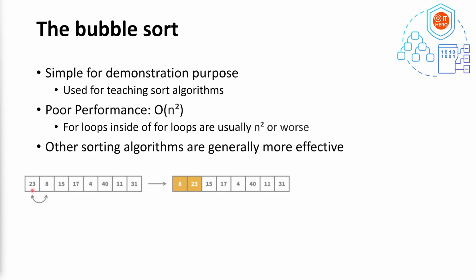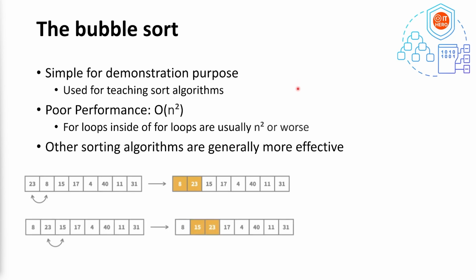So basically we put the 8 before the 23, and this continues for all elements until the whole list is sorted. This process continues until we've examined all items in the array and the largest value has made its way to the top. That's why it is called bubble sort.